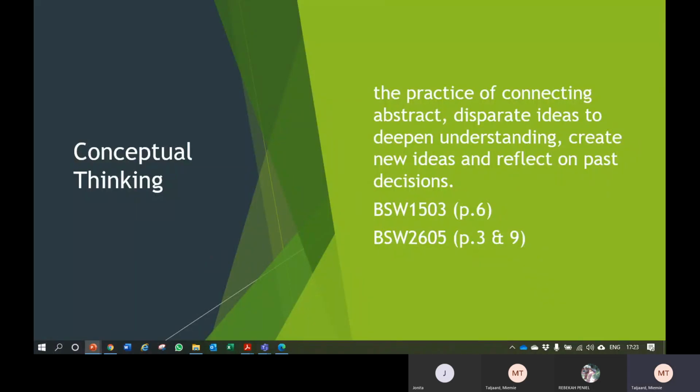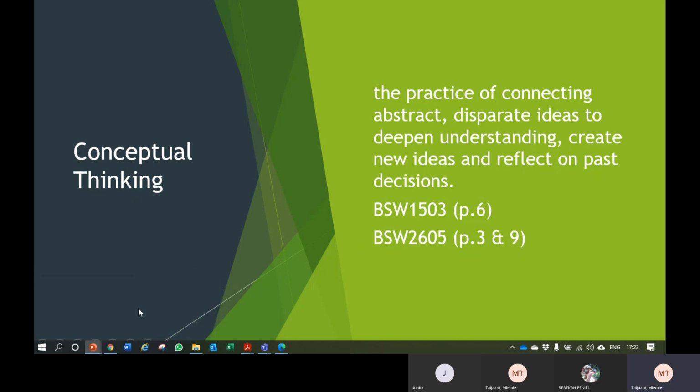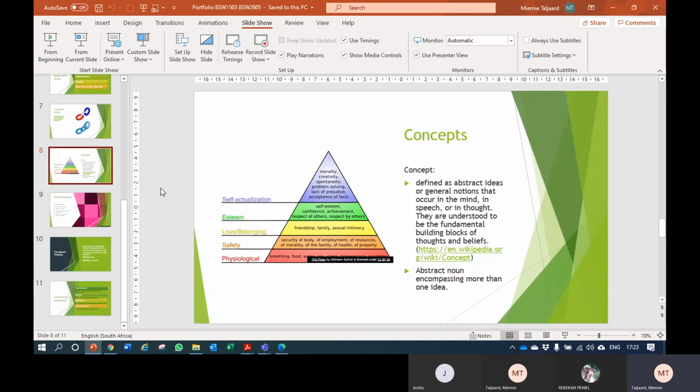So now we move to conceptual thinking. Because basically, do you understand that being a social worker, whether you do your report, your portfolio, or whether you are out there saving lives and helping people, you are in a profession where we do conceptual thinking. Let's go back, because I think this is something that we share.